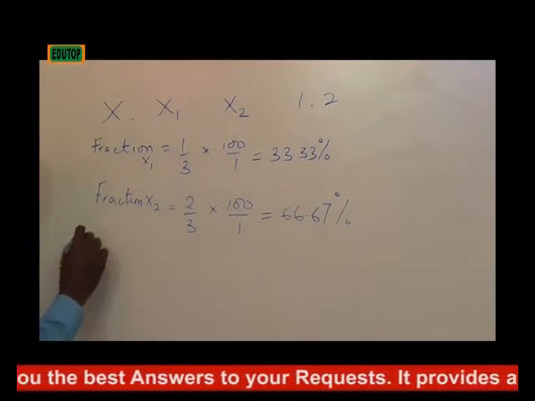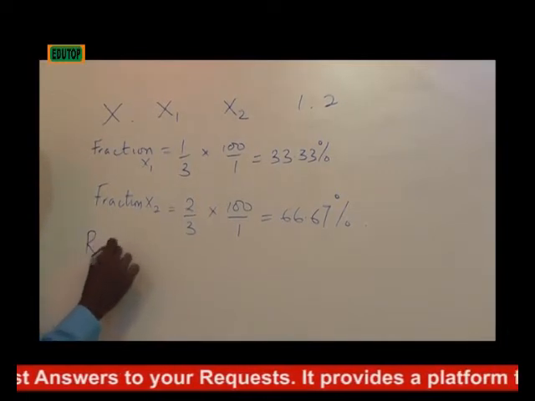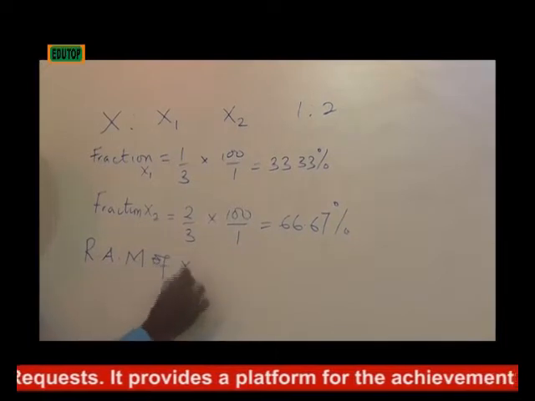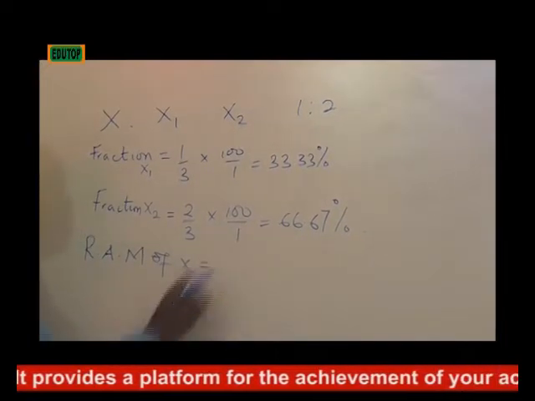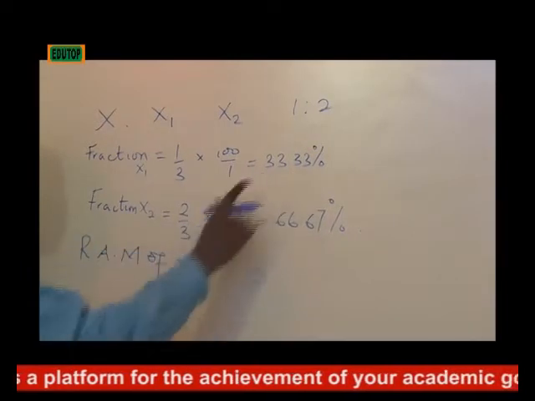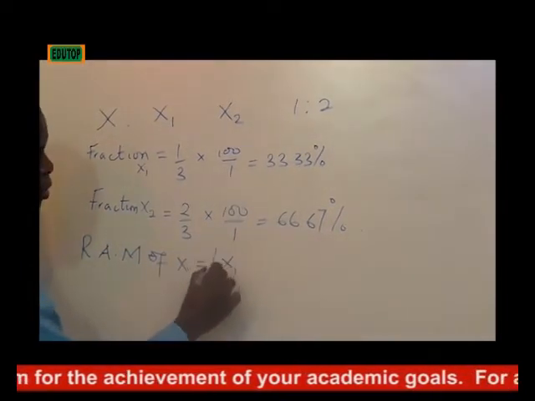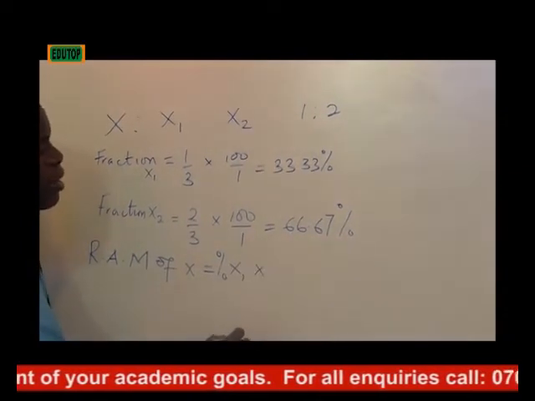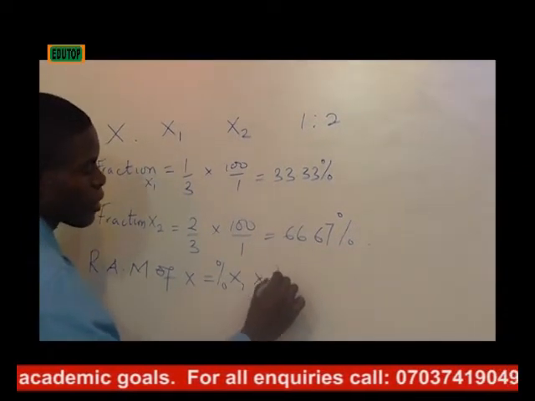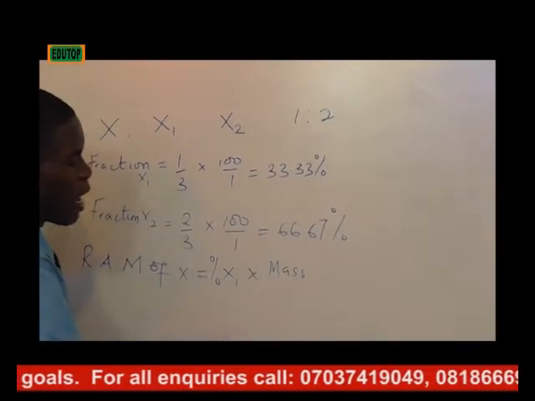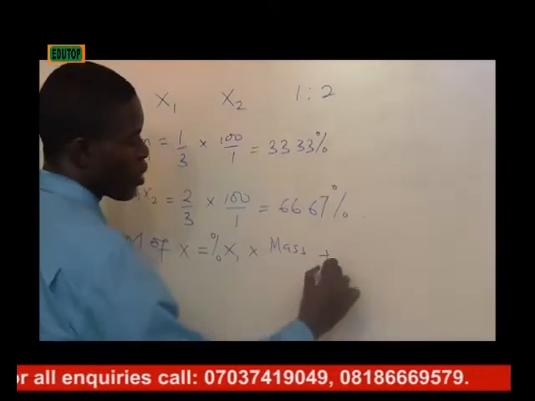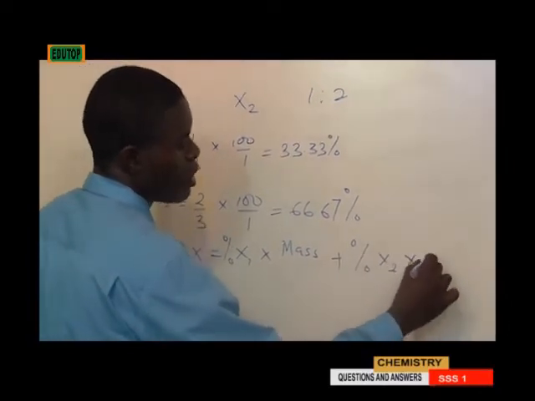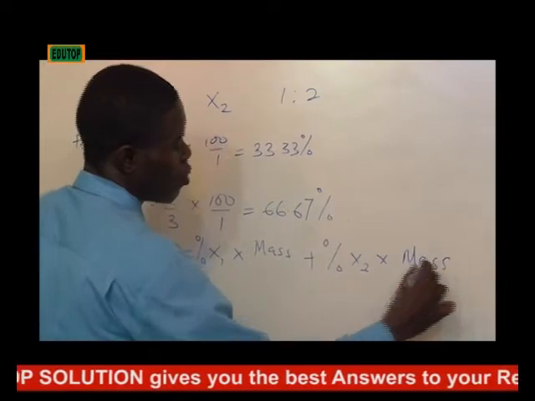Now, to calculate the relative atomic mass of X, it will be the percentage of X1 times the mass of X1 plus the percentage of X2 times the mass of X2.